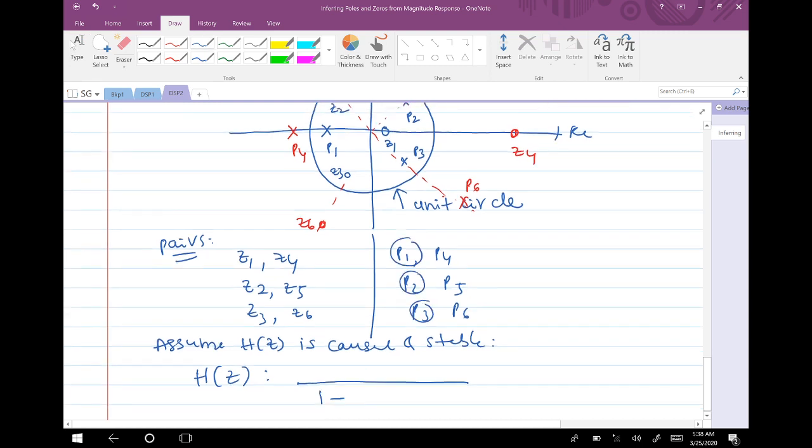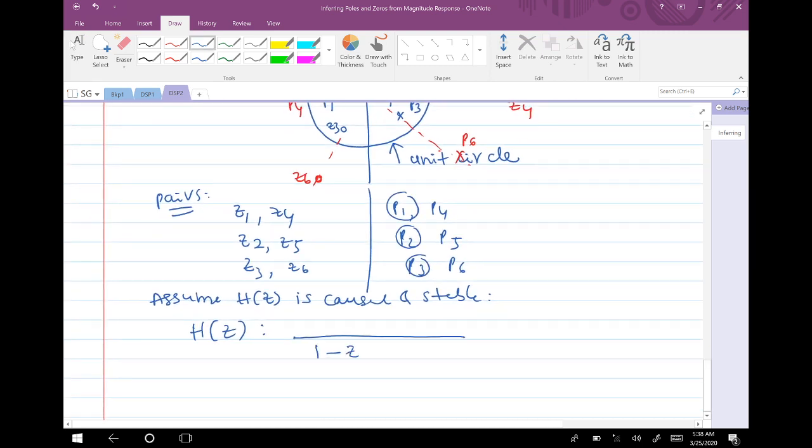So you know for sure here you have 1 minus P1 into Z minus 1, 1 minus P2 into Z minus 1, and 1 minus P3 into Z minus 1. These are of course complex conjugates, so I could in fact use P2 conjugate there.